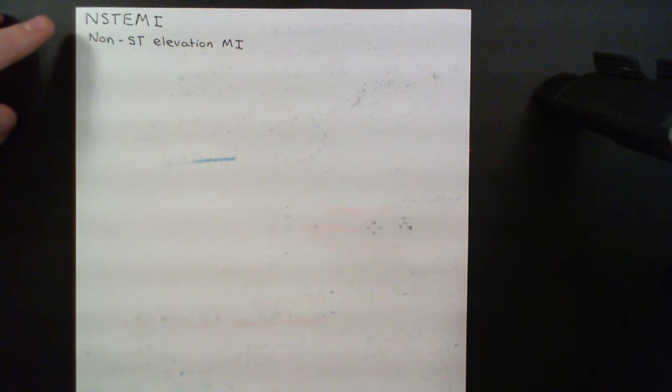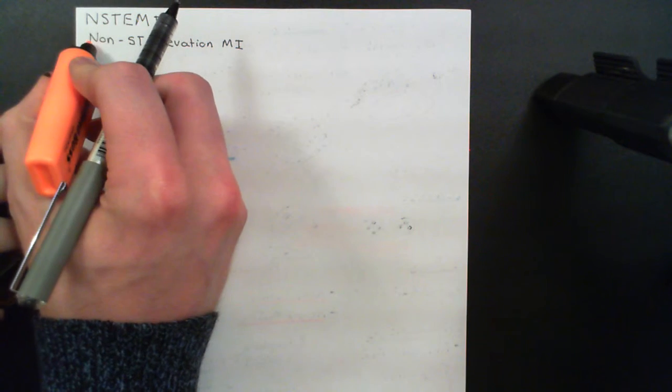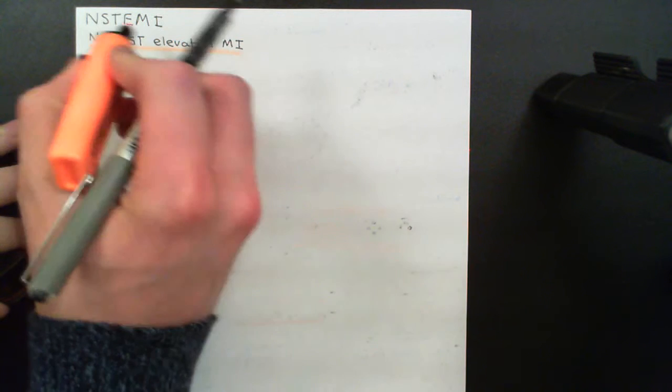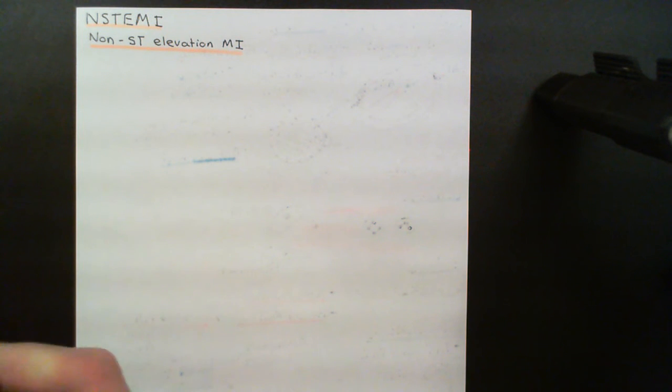In particular, in a transmural myocardial infarction, the ST segment of the ECG ends up being elevated, and you don't see that elevation with a subendocardial myocardial infarction. Hence why it's called a non-ST segment elevation myocardial infarction.